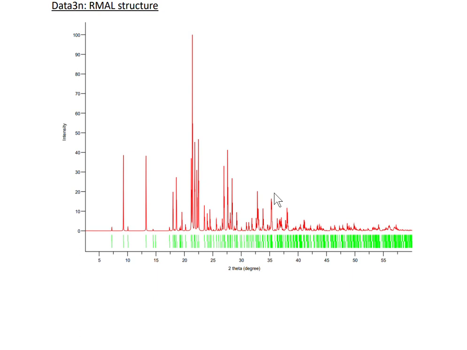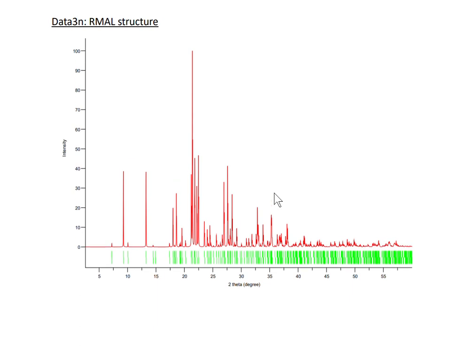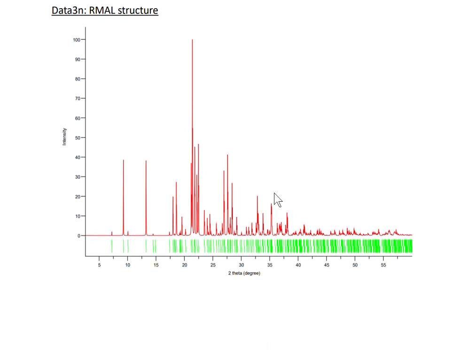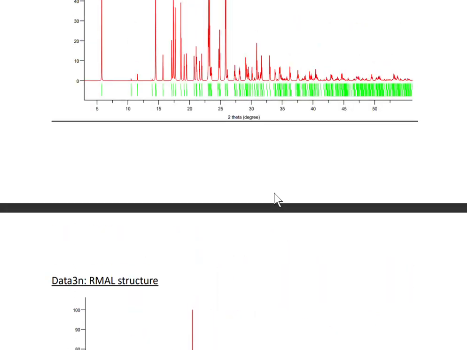The simulated one is a very ideal case, but in the real PXRD instrument, we collect the data and we find that the peaks are broadened, which can be due to many reasons, also the thermal factors and the strain, also the preferential orientation. So all those factors contribute to the peak broadening, and also the absolute intensities may vary, but the relative intensities remain the same.